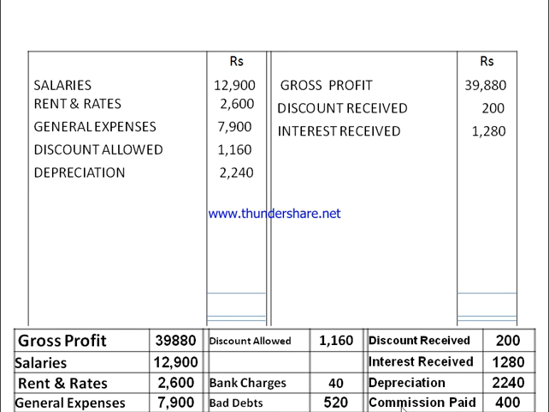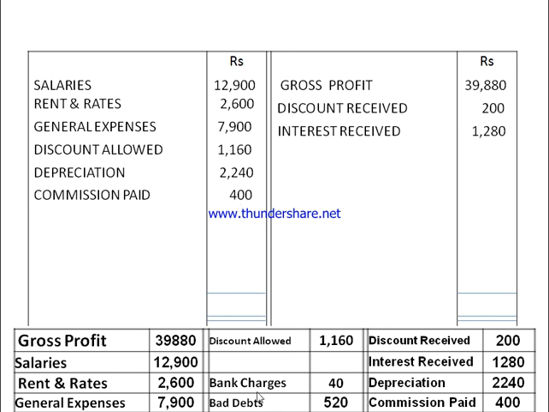Remember, commission has both aspects. If we paid the commission, then it is our expense and it will be recorded on the expense side. If we received the commission, then it's our income and we will write it down on the credit side of the profit and loss account. Here commission paid is our expense. We will write down commission paid 400 rupees.